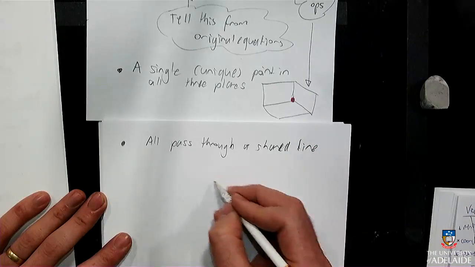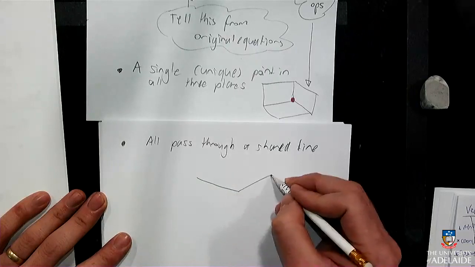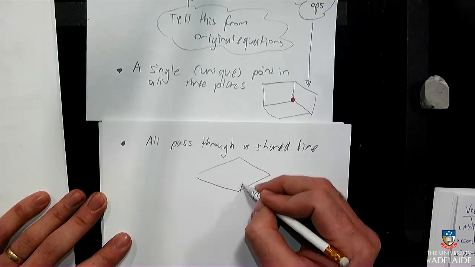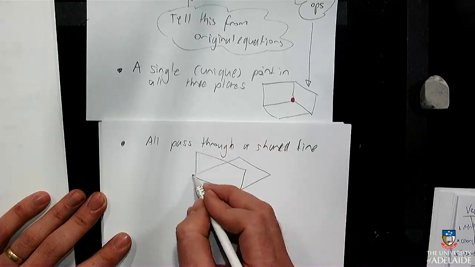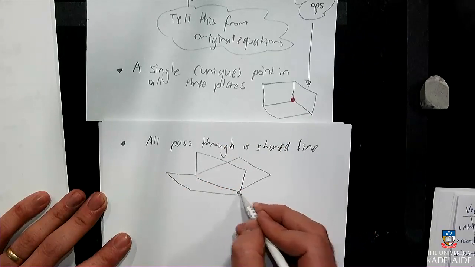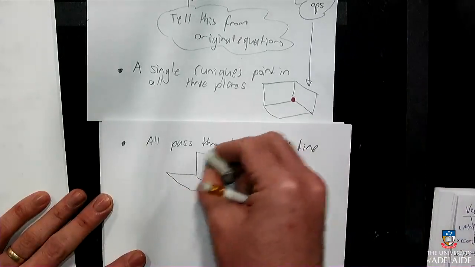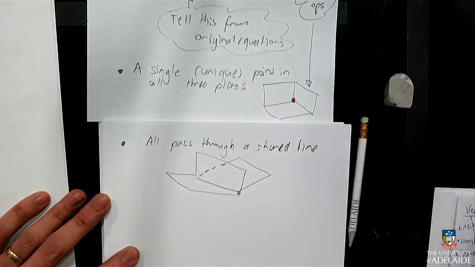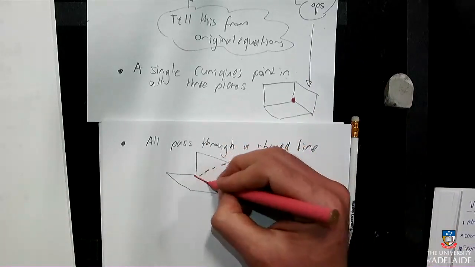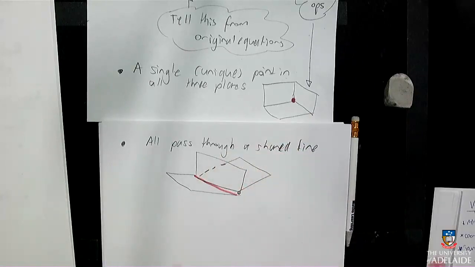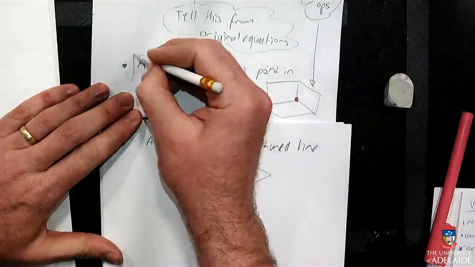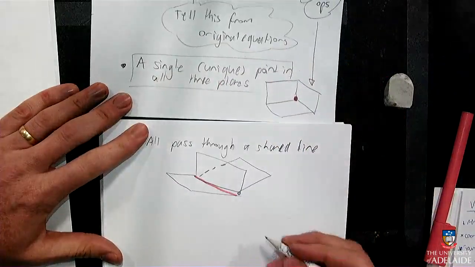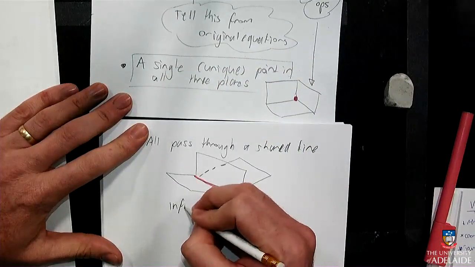Now, let's see if I can draw that. I'm going to have one here, and one here, and one here. Drawing planes is an acquired skill. In which case, there are infinitely many points in all three planes.